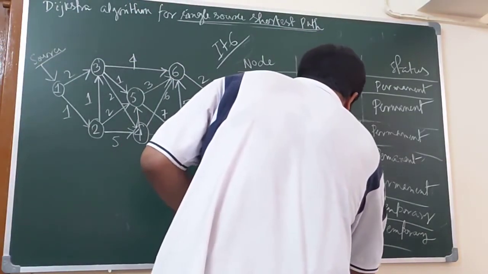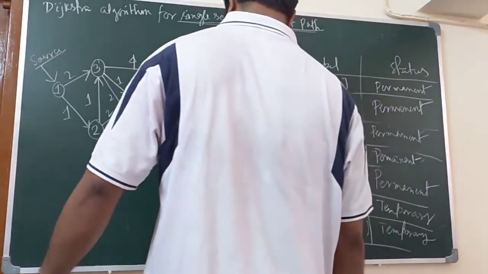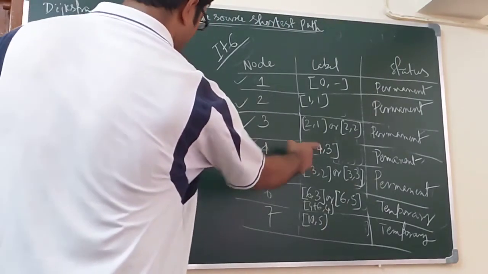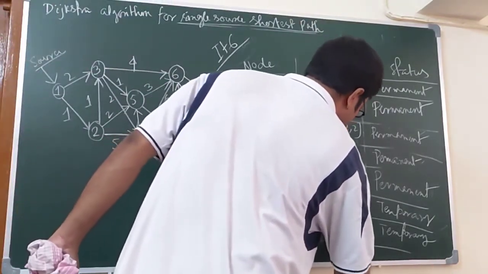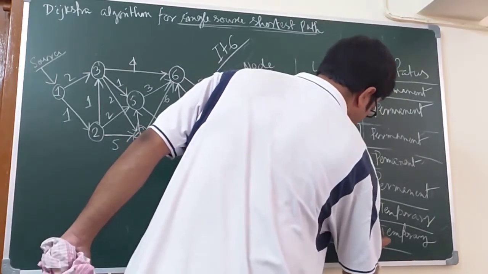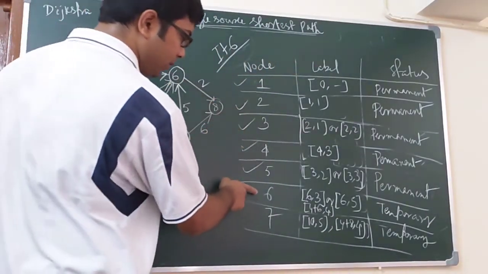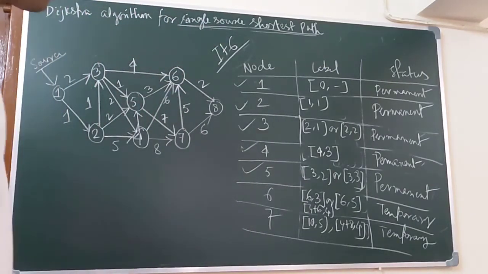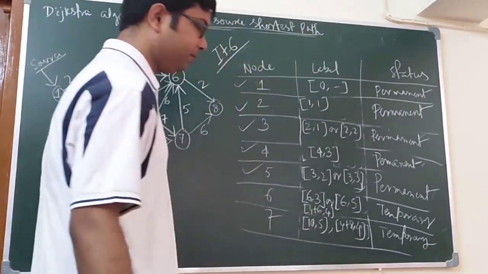Similarly for the 7th node, the value is 4 plus the distance 4 to 7, which is 8, so 4 plus 8, that is 12, 4. So in iteration 6 we can revisit 6 and 7 via the 4th node with the cost 10, 4 and 12, 4 respectively.